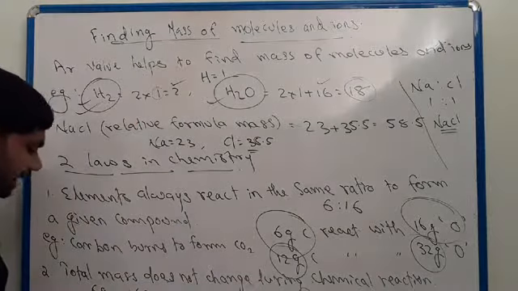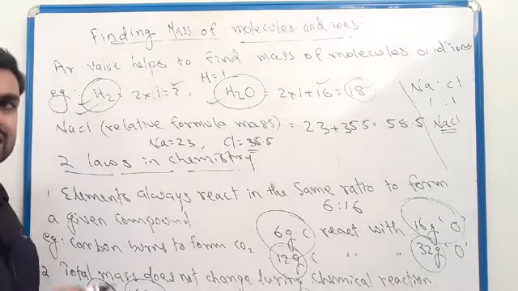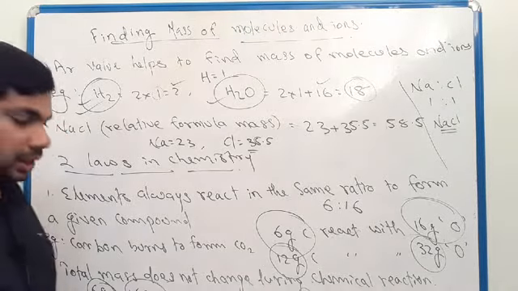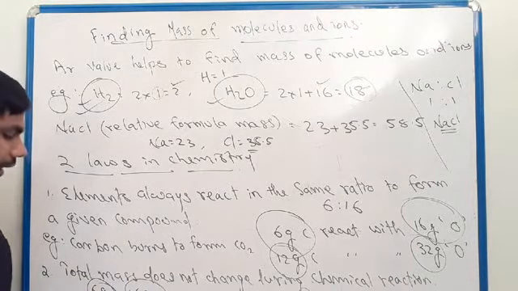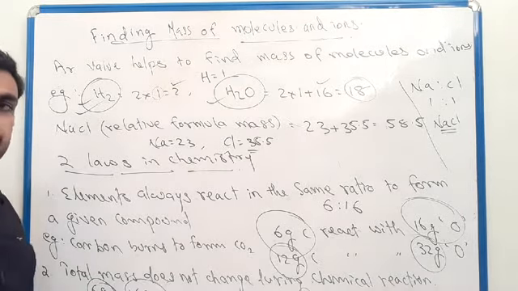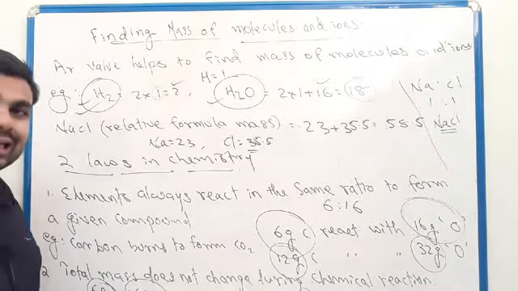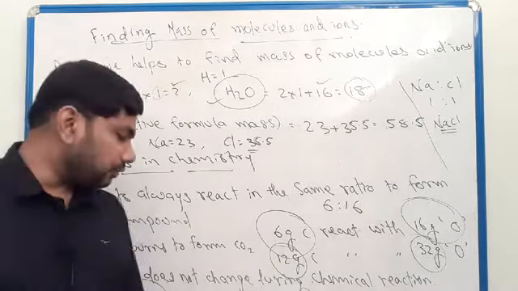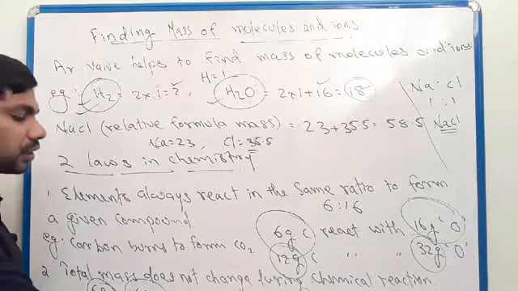So here 6 gram carbon, 16 gram oxygen, 6 plus 16 is 22, so 22 gram carbon dioxide is formed. Here is another example in the same ratio: 12 gram carbon reacted with 32 gram oxygen, and it formed 44 gram carbon dioxide. Here 12 plus 32 is 44.